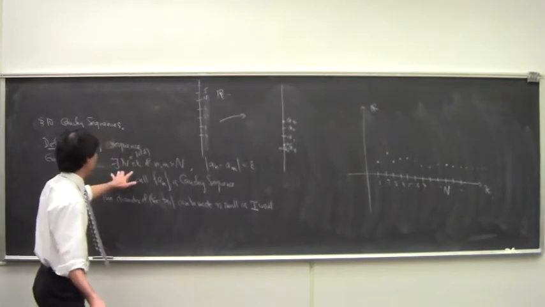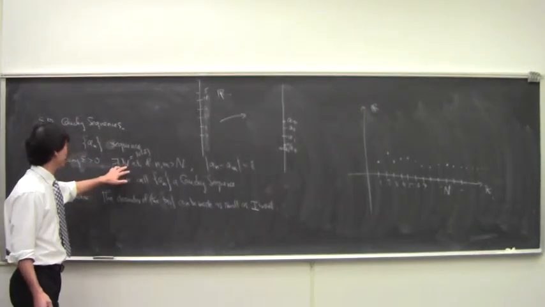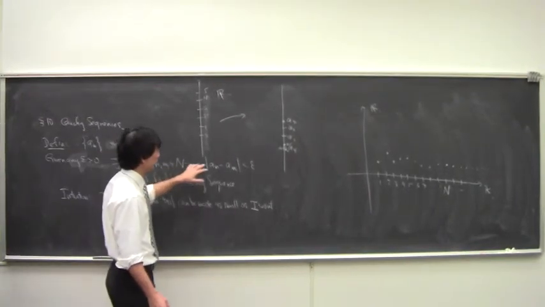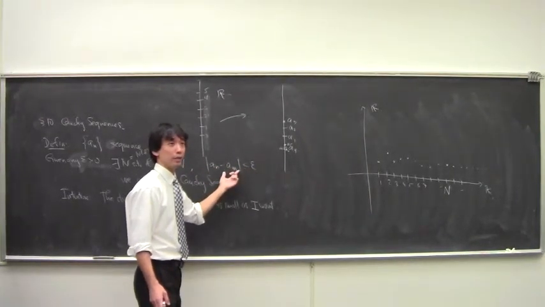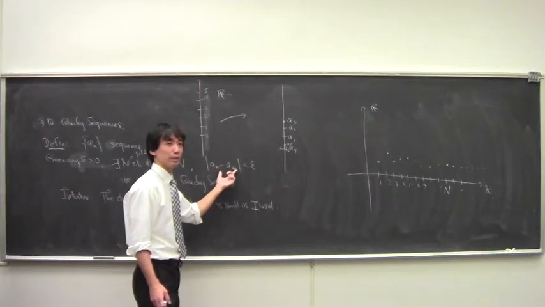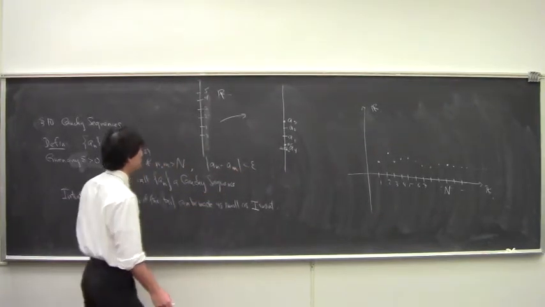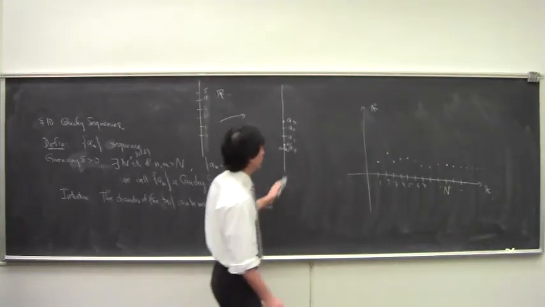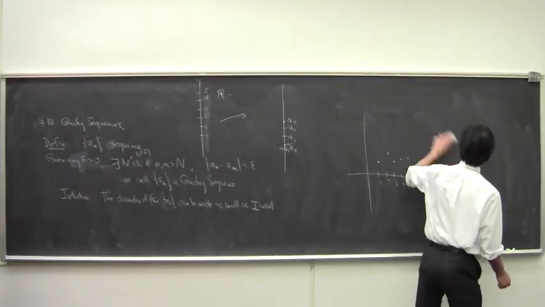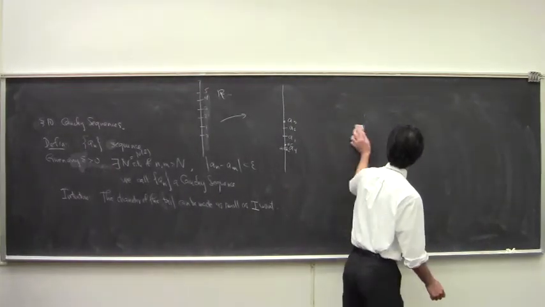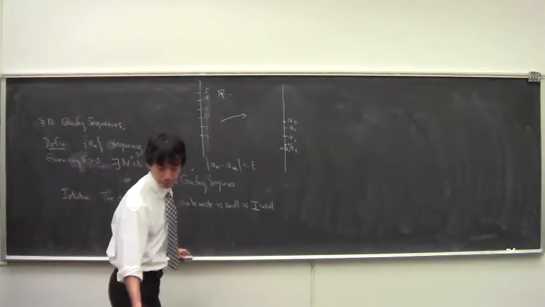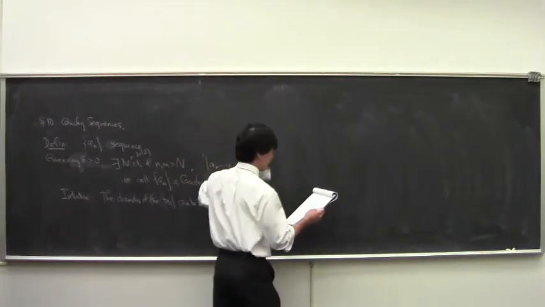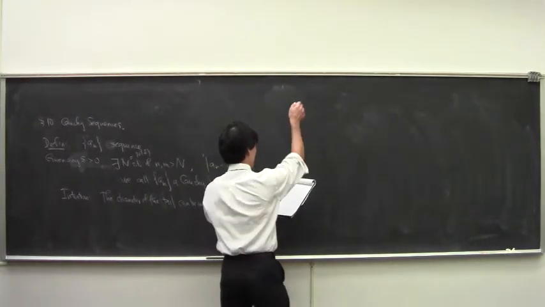So this is the definition here. Given any epsilon, there's a time past which all pairs are within epsilon of each other. Well, let me just go on and we'll make some observations.